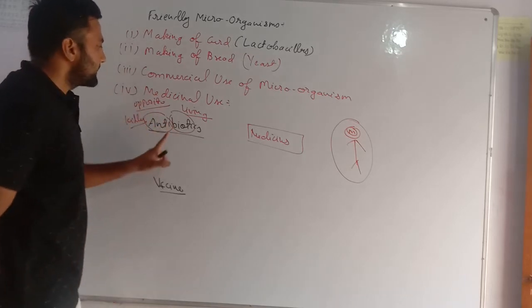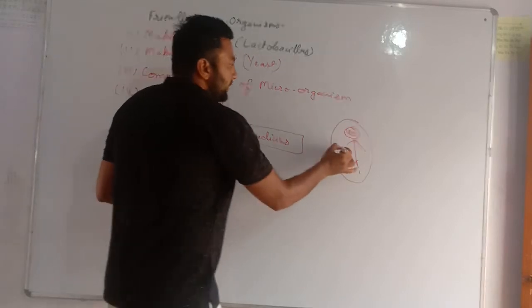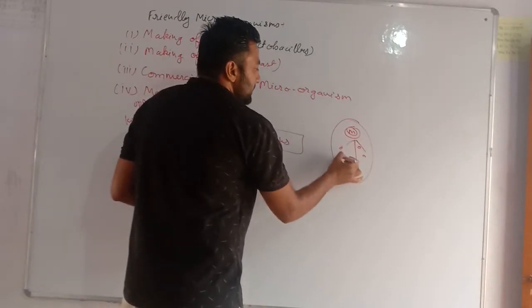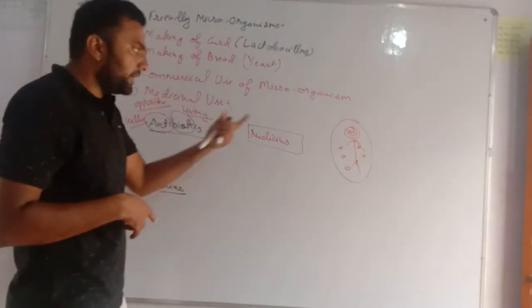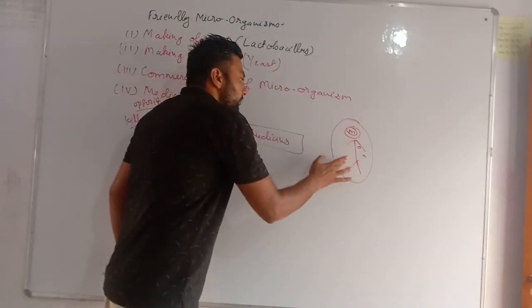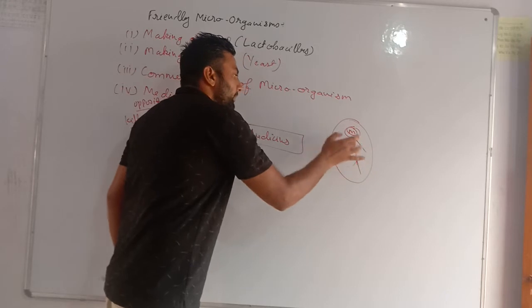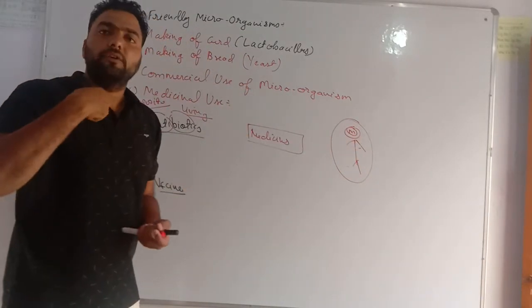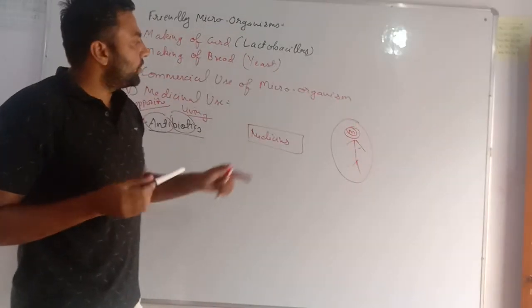What are antibiotics? If there are any disease causing microorganisms in my body, these medicines, that is antibiotics, will kill these microorganisms, but they will not affect my body. How do they do that?